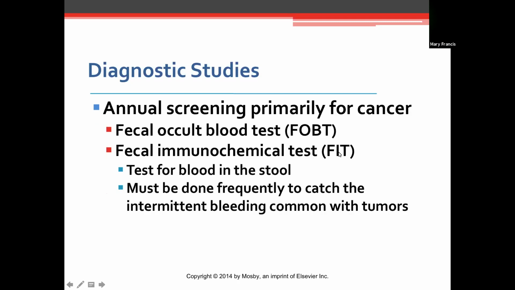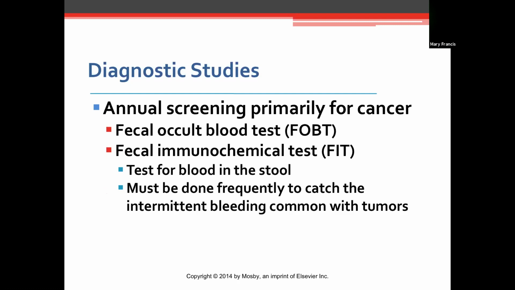Annual screening includes fecal occult blood tests, where sometimes they're bleeding in their stool and they're not even aware of it because the blood is kind of hidden. Fecal immunochemical tests, otherwise known as FIT, would help to detect whether or not there is the presence of cancer cells.